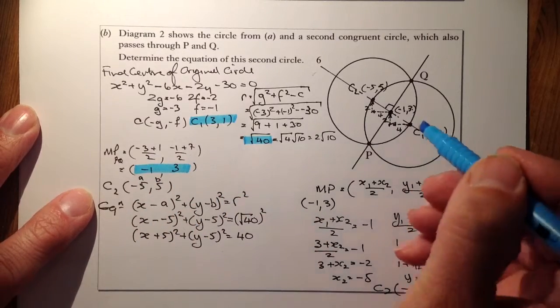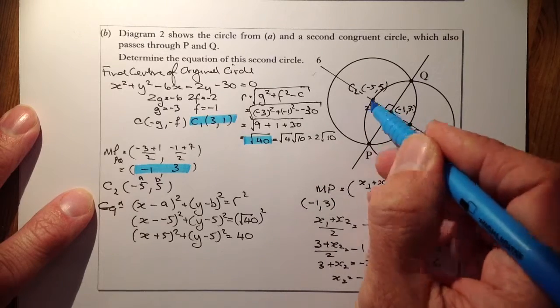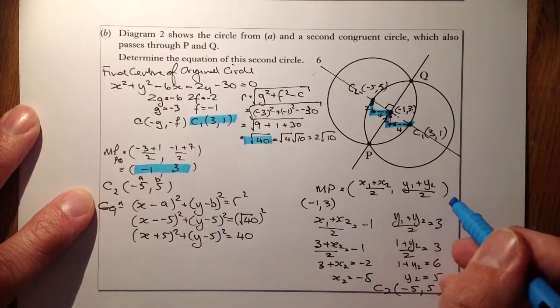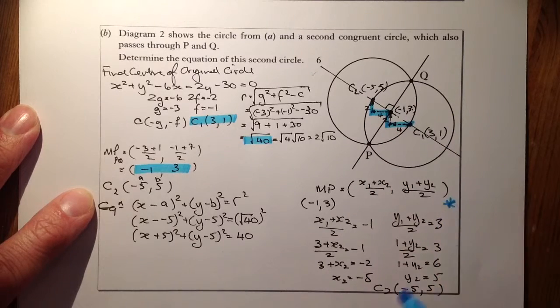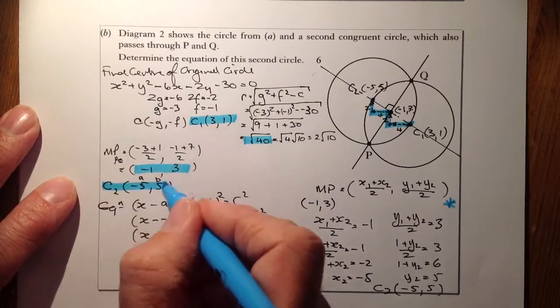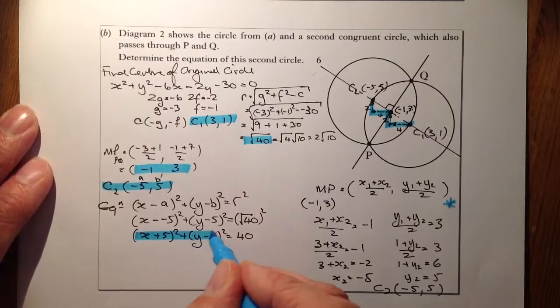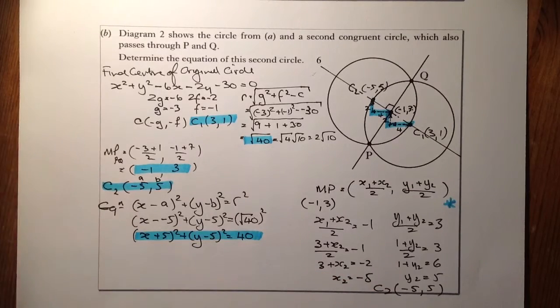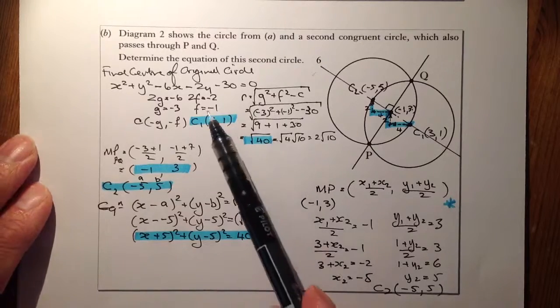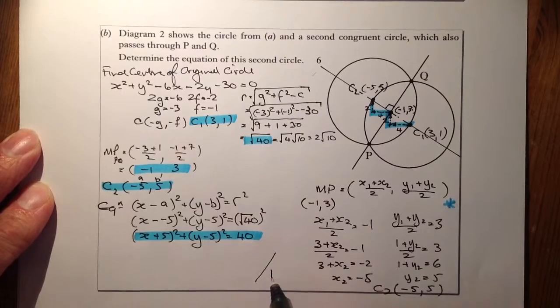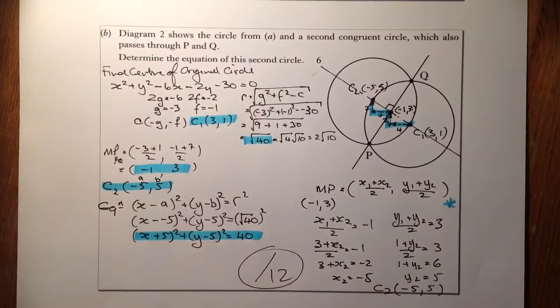I'll get 1 mark for either stepping this out, so I'll take the mark from there, stepping that out, or for this bit down here, okay? And getting the centre will be a mark there for that one. And finally, what we'll do is we'll just get 1 mark for getting the equation of that circle. So that will be 1, 2, 3, 4, 5, 6, that's 6 marks. With the marks up above, it's out of a total of 12.